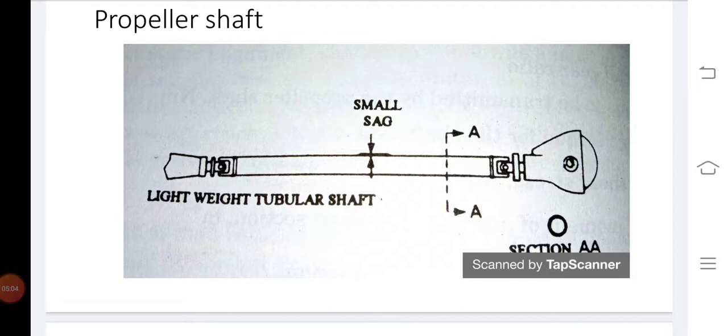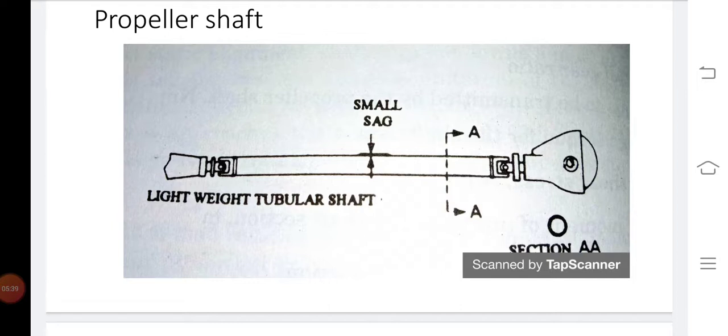The critical speed of the propeller shaft varies directly as the diameter of the tube and inversely as the square of the length of the shaft. Therefore the diameter is selected as large as possible and the length as short as possible, to keep the critical speed frequency of the shaft above the driving speed range.